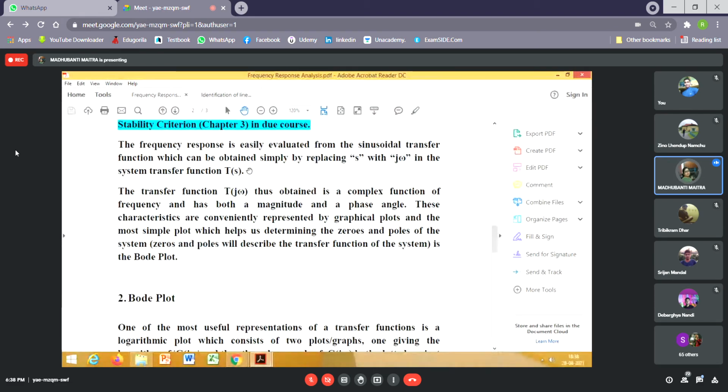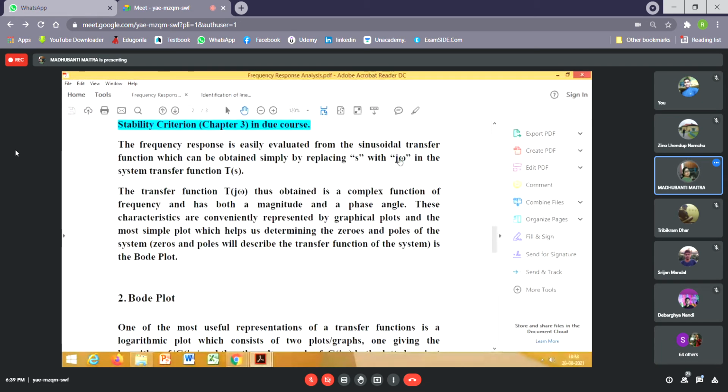The transfer function T(j omega), right? Since we are exciting the system with a sinusoidal signal, the transfer function is often called the sinusoidal transfer function, and we replace S by j omega. I told you to note down the term steady state, right? In the frequency domain, when we excite the system with a sinusoidal input, we observe the output of the system when the output reaches its steady state value.